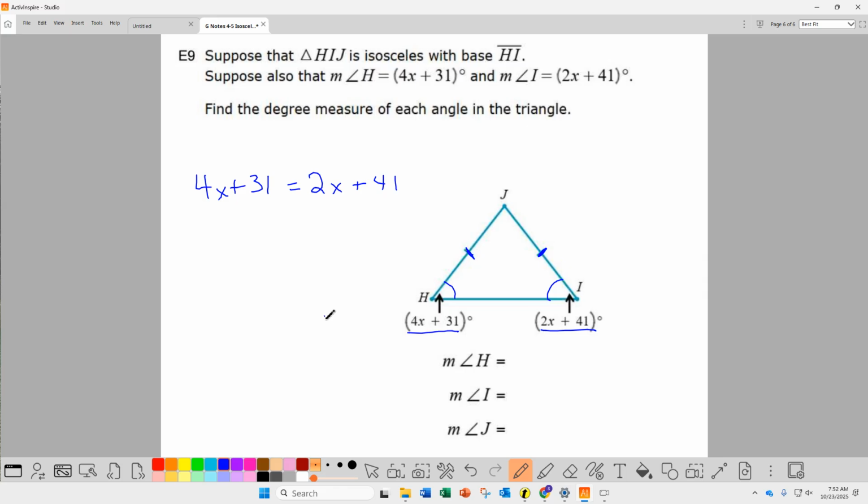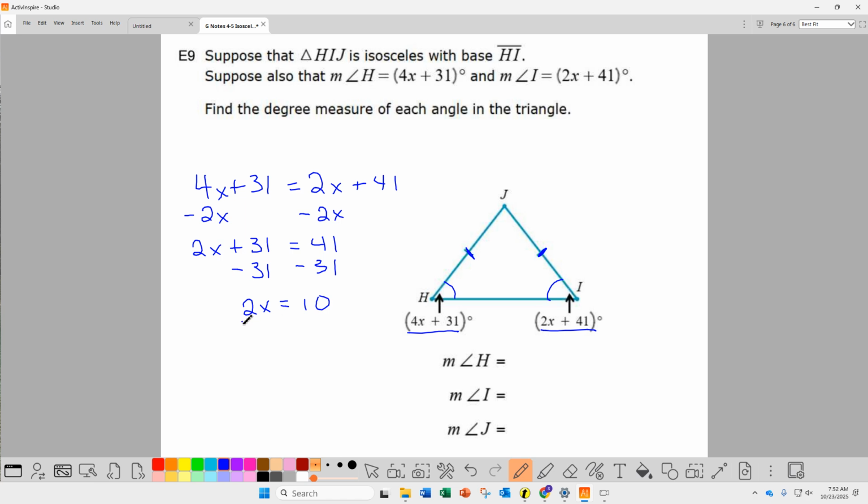So from there, we're going to solve that. Minus 2x, minus 2x. It's going to put us at 2x plus 31 equals 41. We're going to minus 31. The numbers actually work out pretty nice in this one. Minus 31, that's going to be 2x equals 41 minus 31, which is 10.